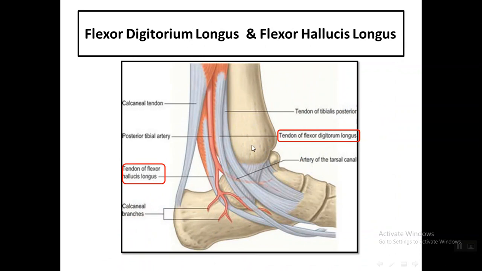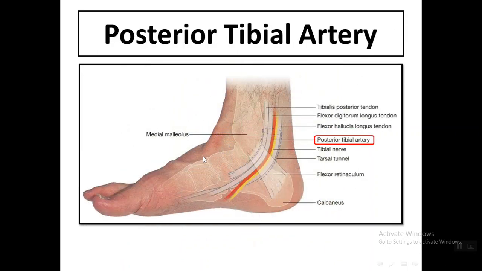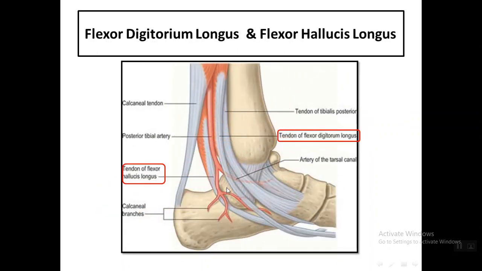هذه نشوف structures without the flexor reticulum, and these are the structures that pass below or deep to the flexor reticulum اللي هي هذه tendon of tibialis posterior, tendon of flexor digitorum longus, and the posterior tibial artery, and lastly the tendon of flexor hallucis longus. نشوف أنه tibial artery is in between the tendon of flexor digitorum longus in front and the tendon of flexor hallucis longus behind.